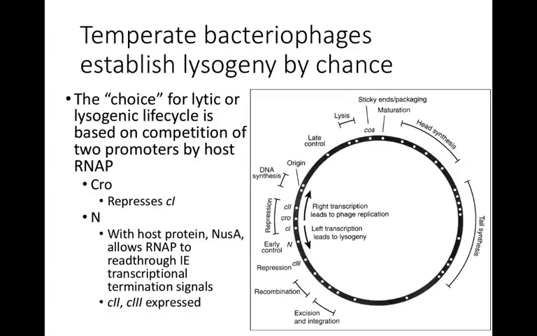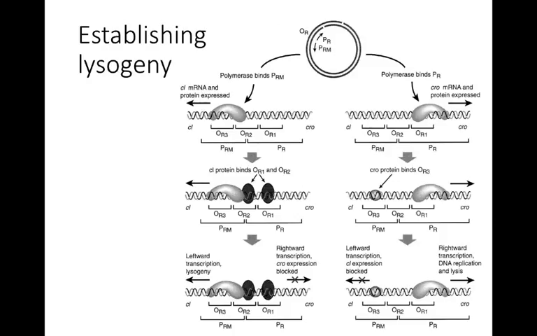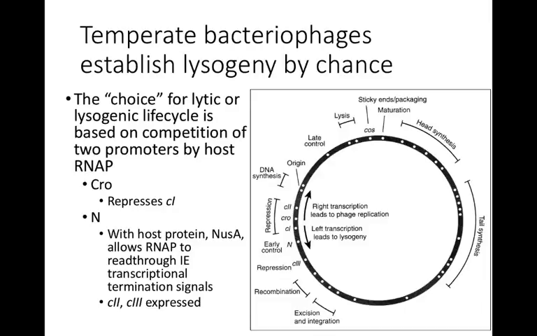Now there are some characteristic proteins that we will find that control lysogeny. The major one that is expressed only during lysogeny is a protein known as control 1 or C1. During true lysogeny, this is the only protein that is being expressed.